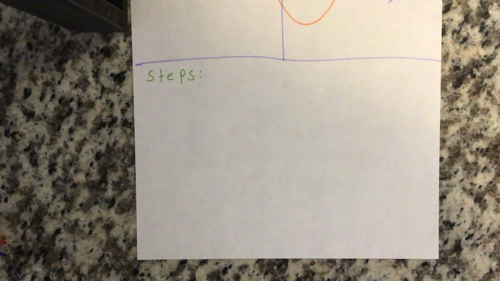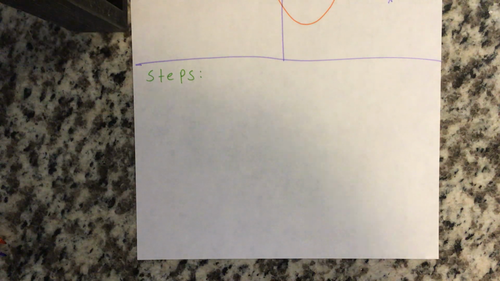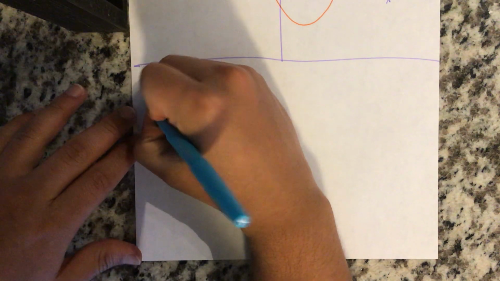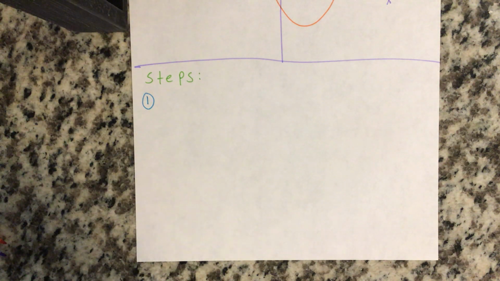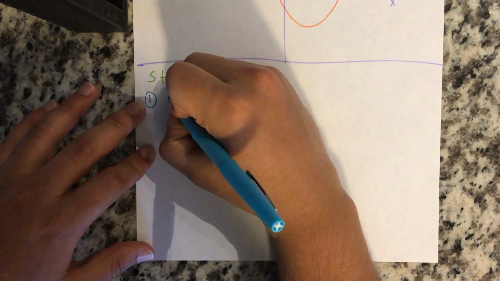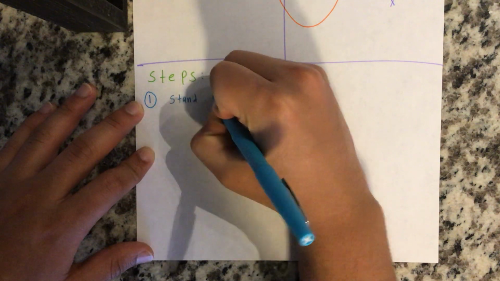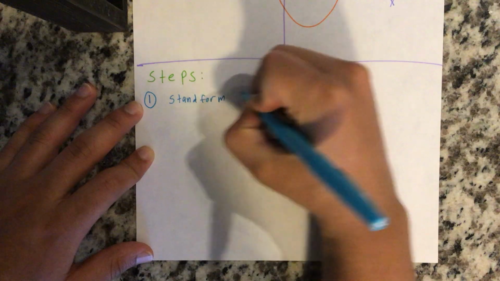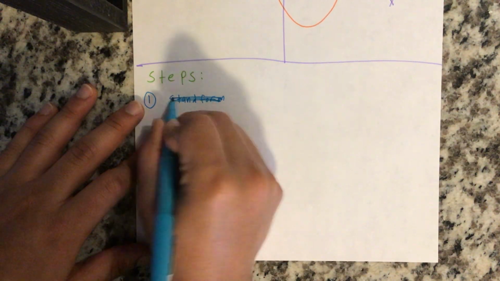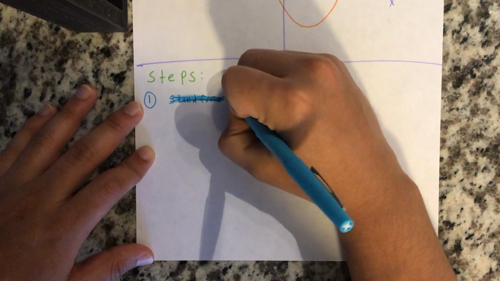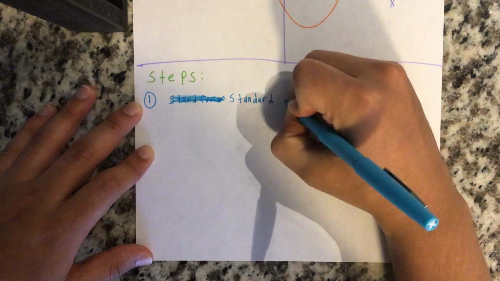The good thing is that these steps are extremely similar to the steps we did last week, okay? So step one is I need to have my quadratic equation in standard form. Wait, that was terrible. That was bad. All right, here we go. I was writing too fast.